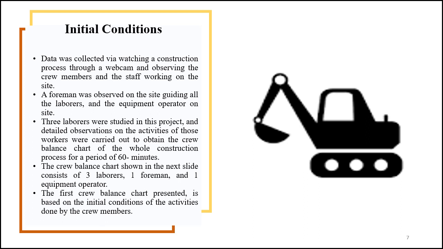The crew balance chart shown in the next slide consists of 3 laborers, 1 foreman and 1 equipment operator. The first crew balance chart presented is based on the initial conditions of the activities done by the crew members.